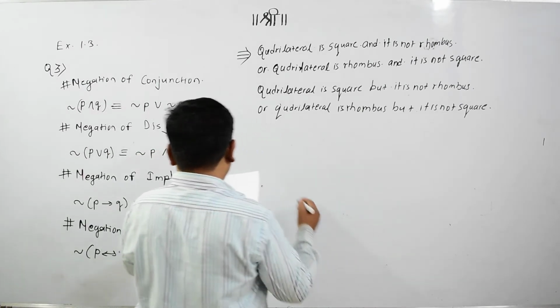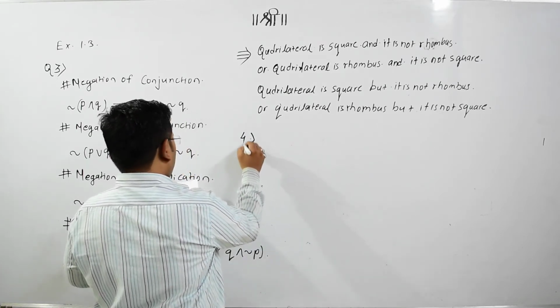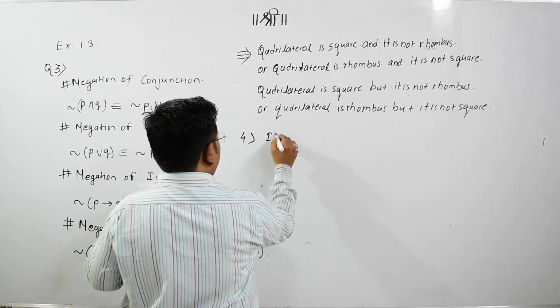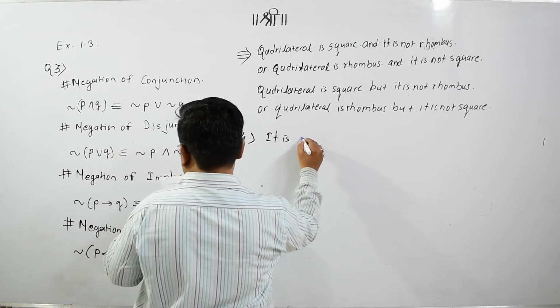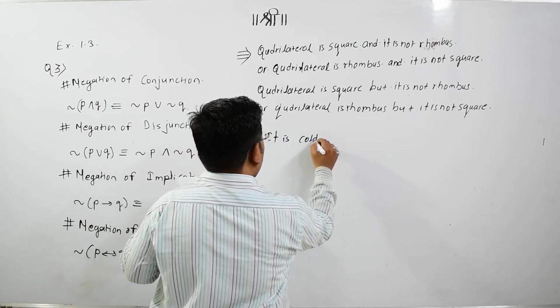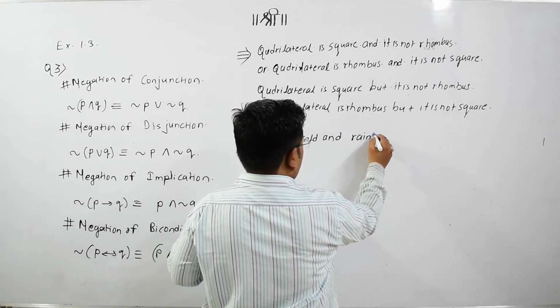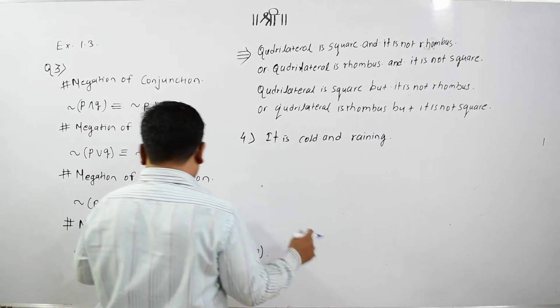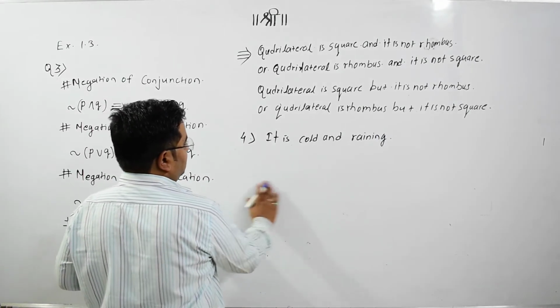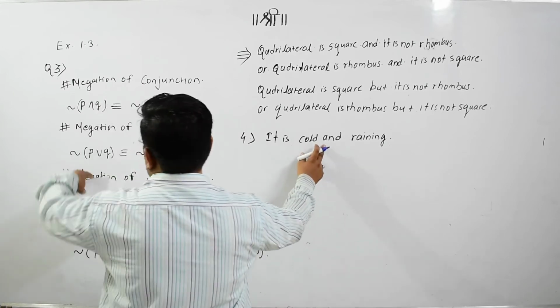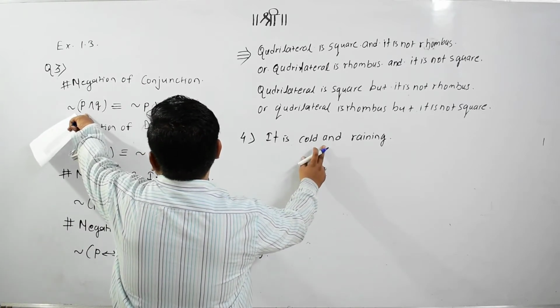it is cold. Question number 4 out of question number 3. Okay, it is cold and raining. Okay, now most importantly, again here they have used and. Now what we need to do, we need to again use this negation of conjunction.